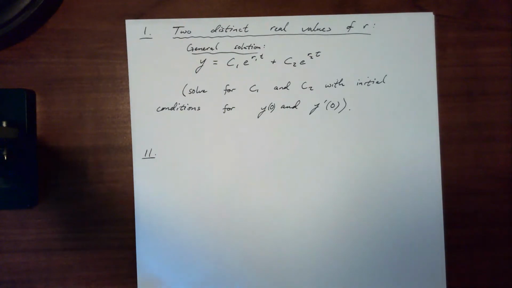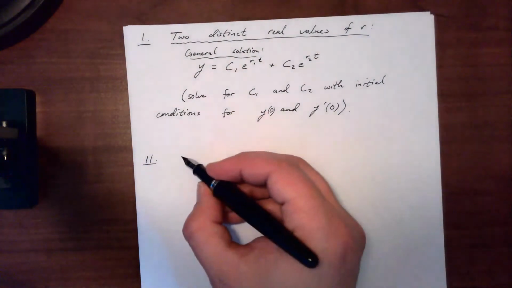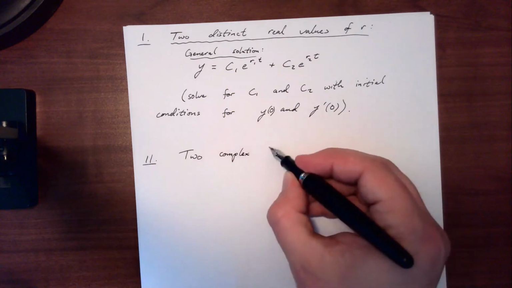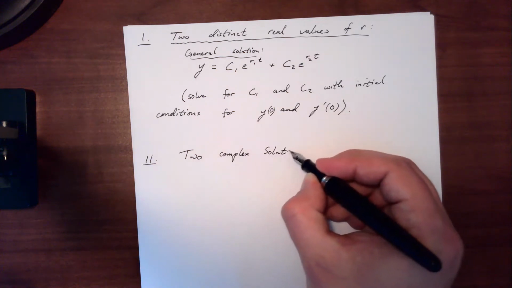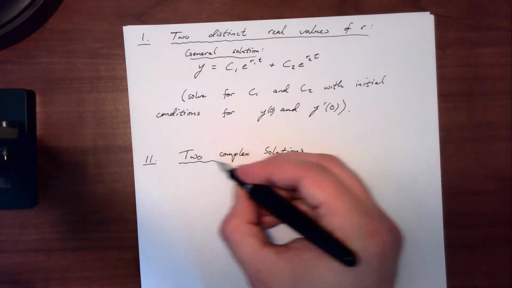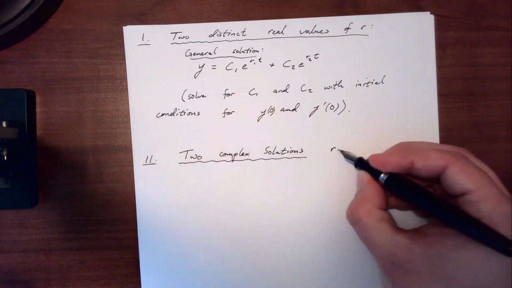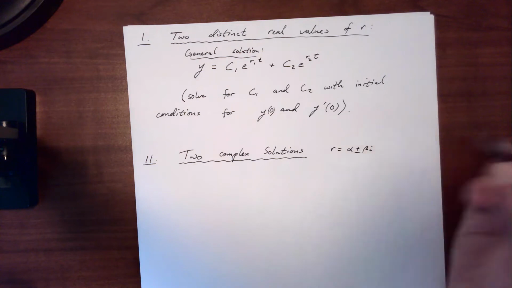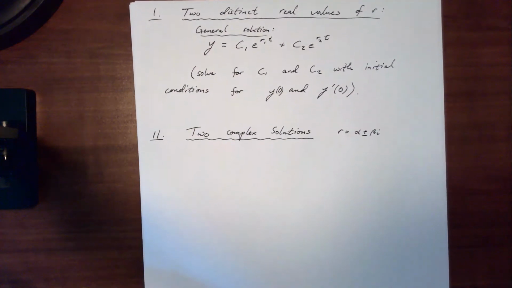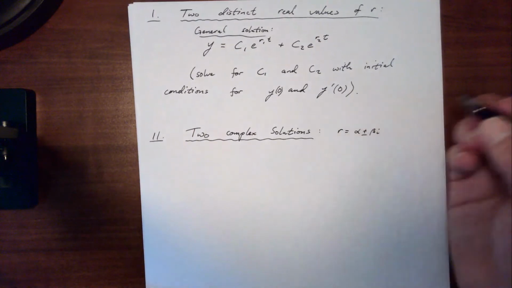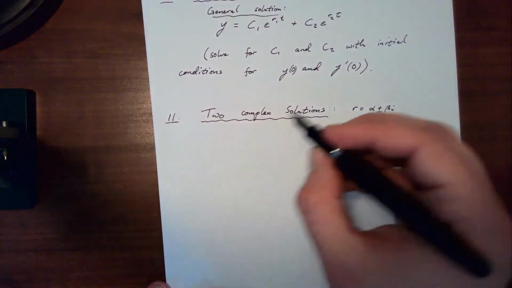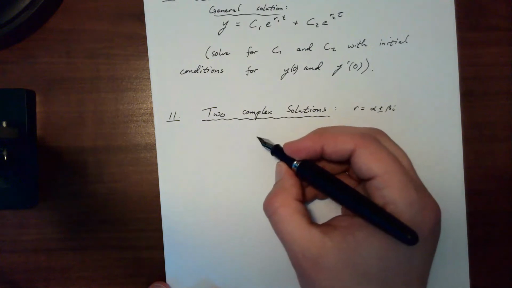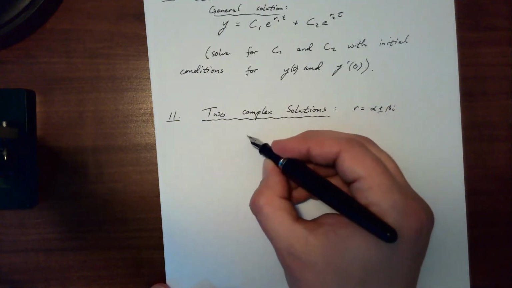Either we have 2 complex solutions, alpha plus or minus beta i, then what we can do is pretty much the same thing that we would do in the case of complex eigenvalues, which is to appeal to Euler's equation.